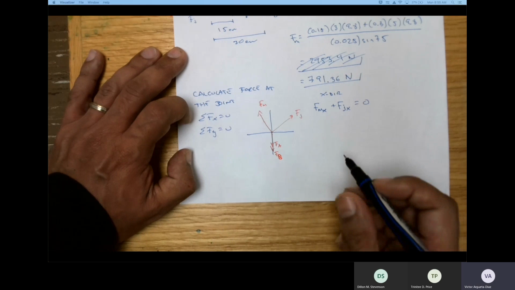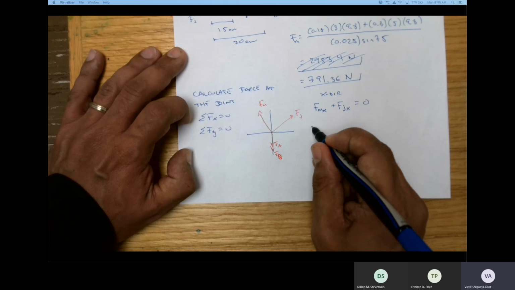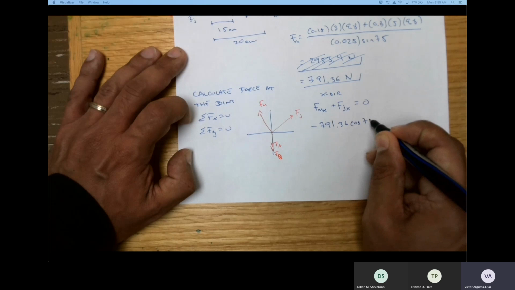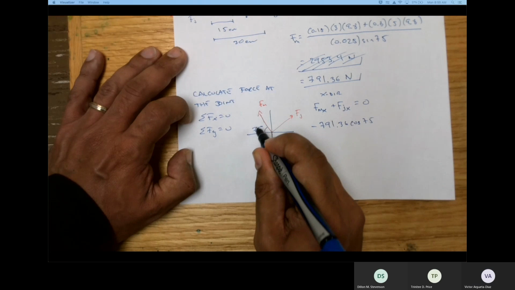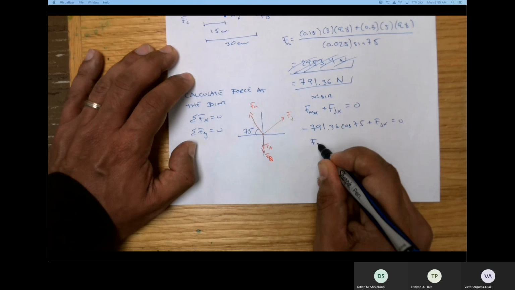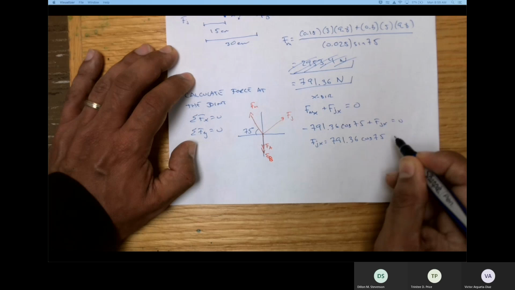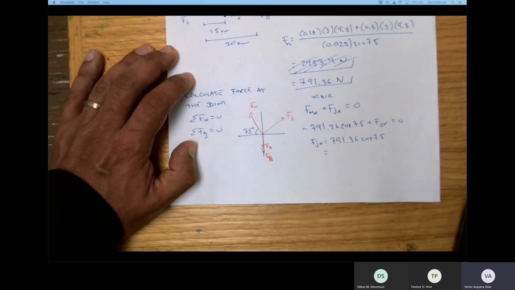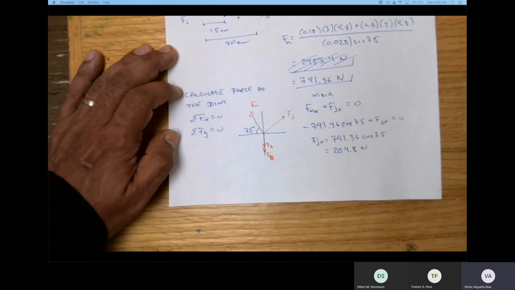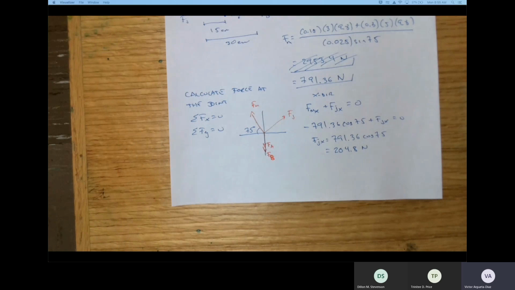The X component of the muscle is going to be negative 671.136 cosine of 75, and that's going to be equal to the X component of the joint. So I got 204.8 newtons.